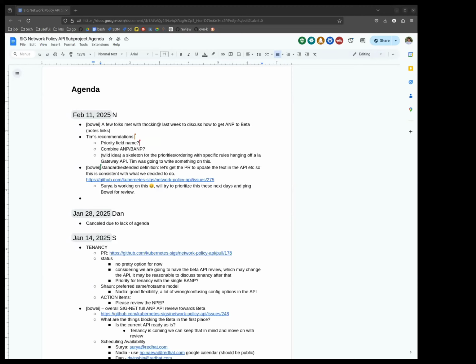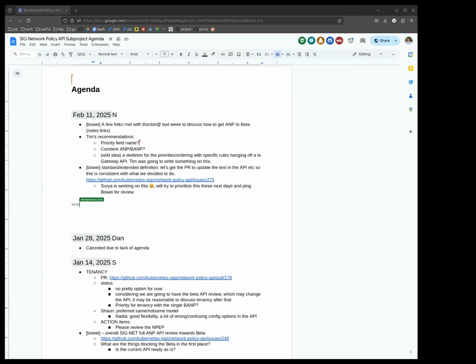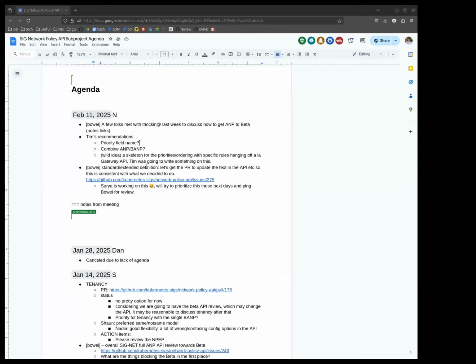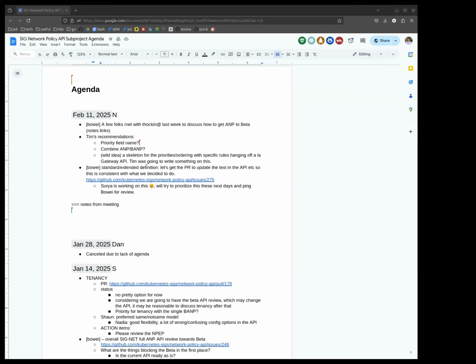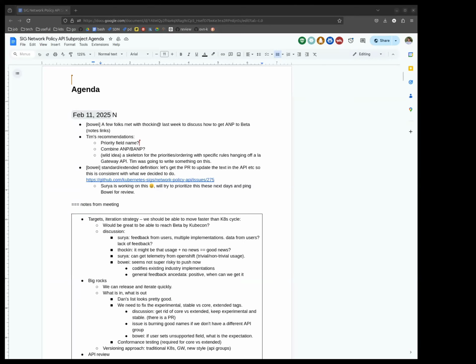Can we pick something better? Another one was, can we use the same CRD for both the ANP and BANP piece, which would require us to introduce some kind of field to say, is this an ANP as we're thinking of it, or a BANP as we're thinking of it?